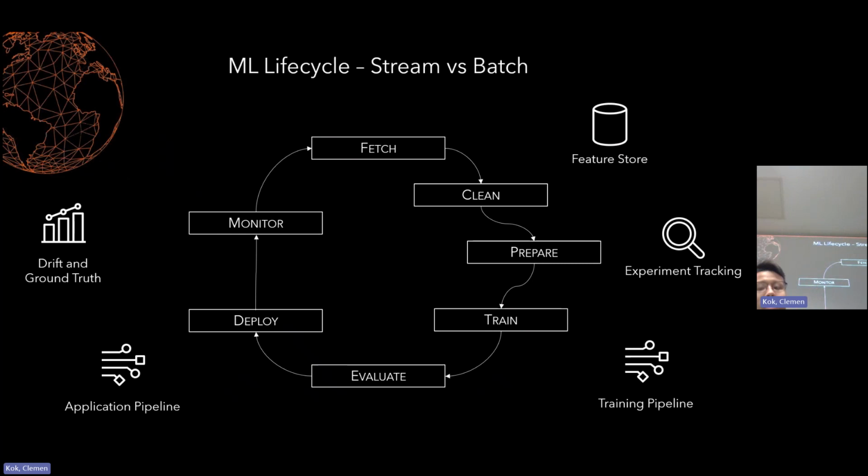Having this requirement identified changes our architecture a lot, because if you were to have a streaming architecture, you need to adjust everything so that the pipelines can continually rerun and serve inference very quickly.